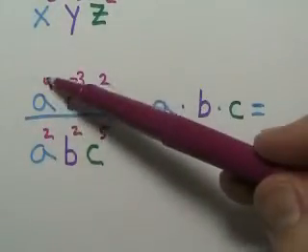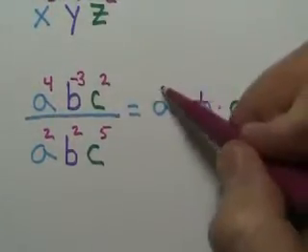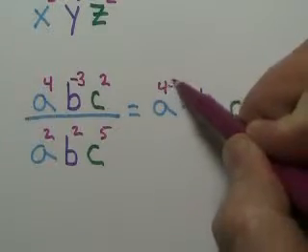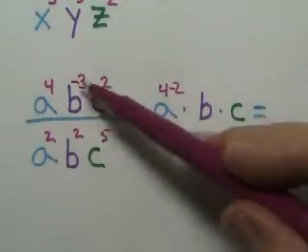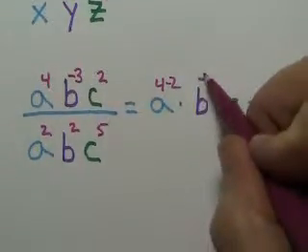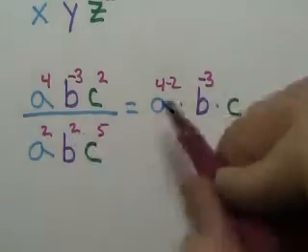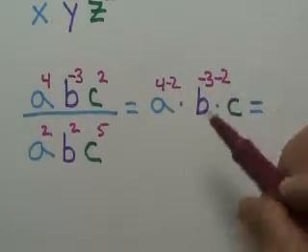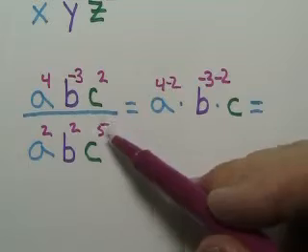Okay, so for our A's, we have 4 minus 2. For the B's, we have negative 3 minus 2. For C, we have 2 minus 5.